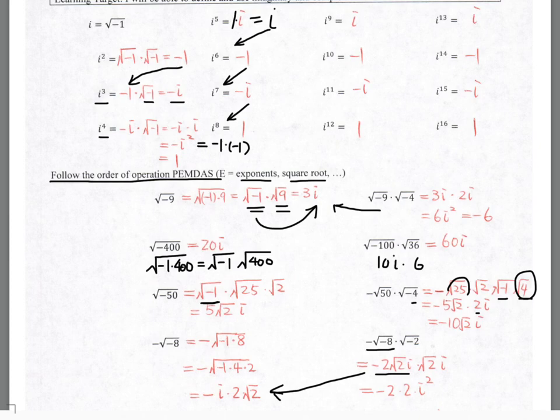Again, real number multiplied by real number, square root of 2 times square root of 2, that's 2. That's square root of 4, and square root of 4 can be taken out as 2. i times i is i squared. i squared equals -1, so our final answer for this one is going to be 4.